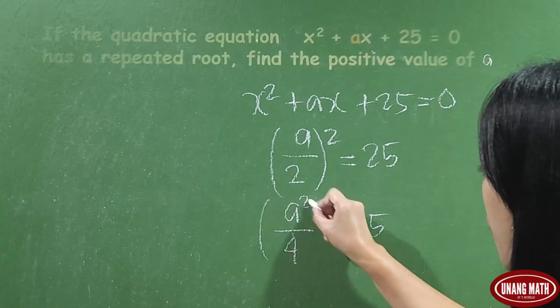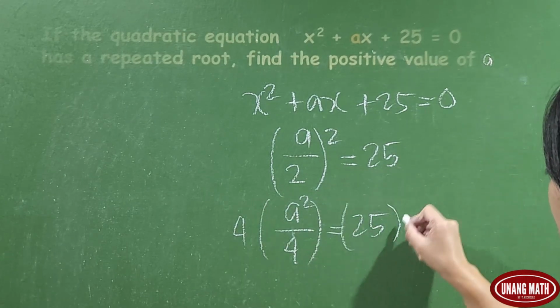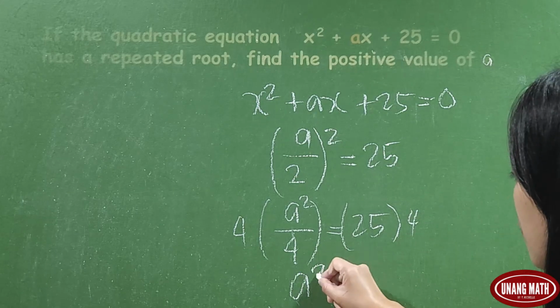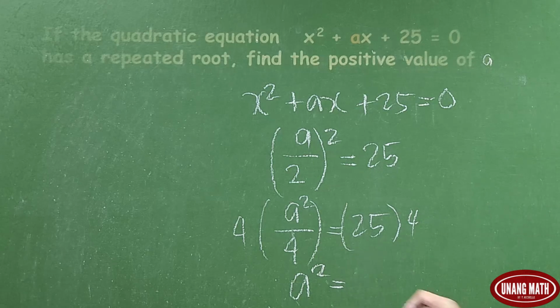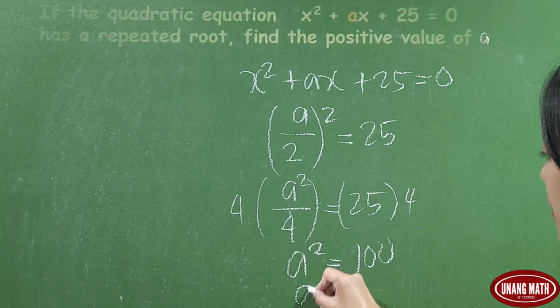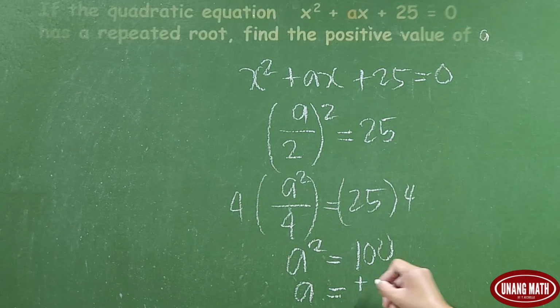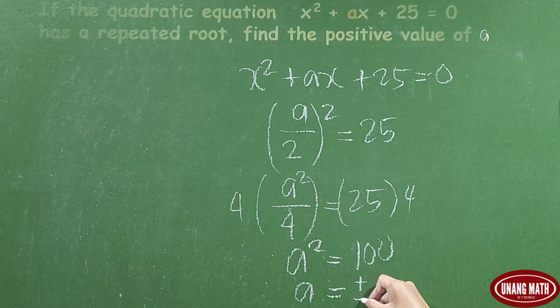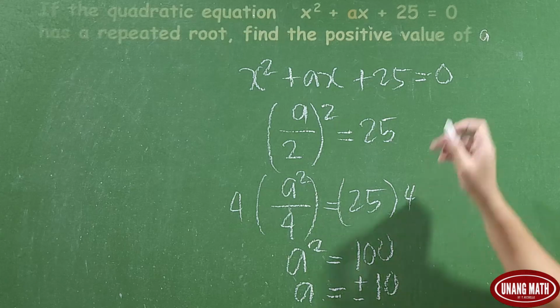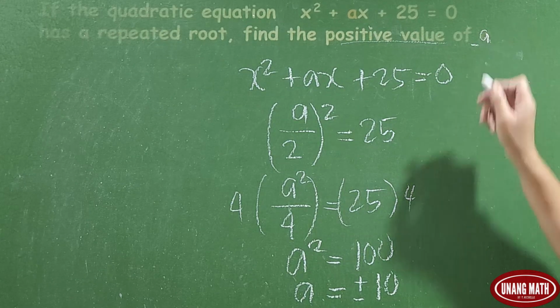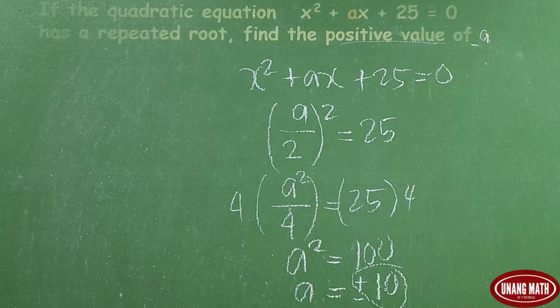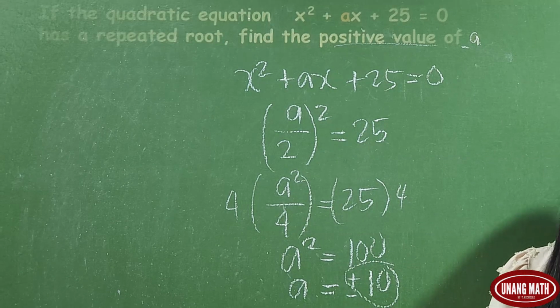If we multiply both sides by 4, a squared is 25 times 4, which is 100. So a can be positive or negative 10. But since we are looking for the positive value of a, it is positive 10.